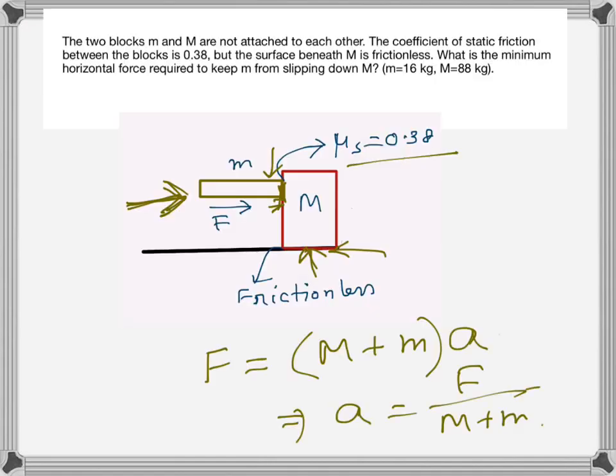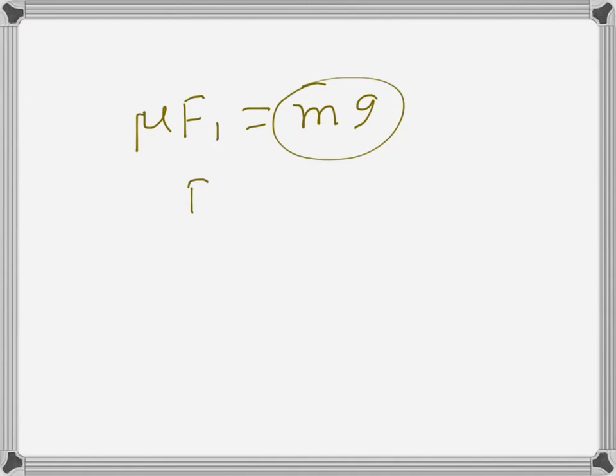This is the downward weight force of this mass, and this normal force has to be large enough that it just balances the weight force so that it doesn't fall down. So we can say F1 is equal to mg over mu.